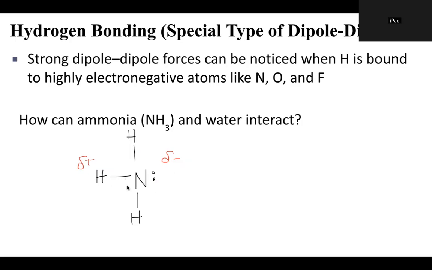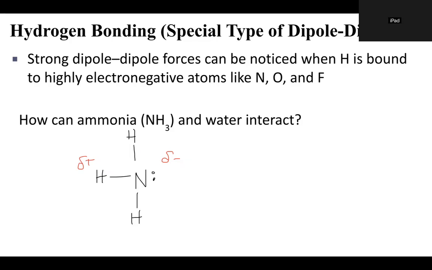Again, the reason that this is partially negative is not because there's a lone pair right there. It's because the nitrogen is significantly more electronegative than the hydrogen. So it's pulling on the electrons in the shared covalent bonds to make that more partially negative.